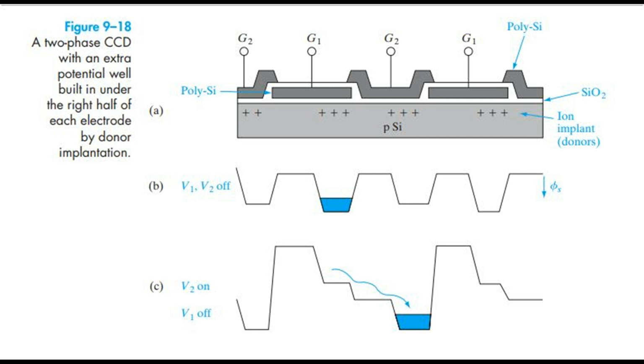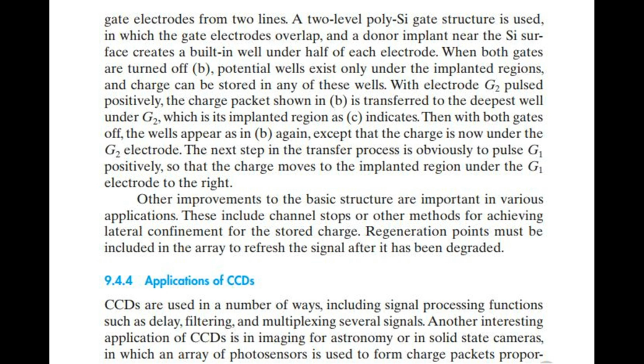With electrode G2 pulsed positively, the charge packet shown in B is transferred to the deepest well under G2, which is its implanted region, as C indicates. Then with both gates off, the wells appear as in B again, except that the charge is now under the G2 electrode.